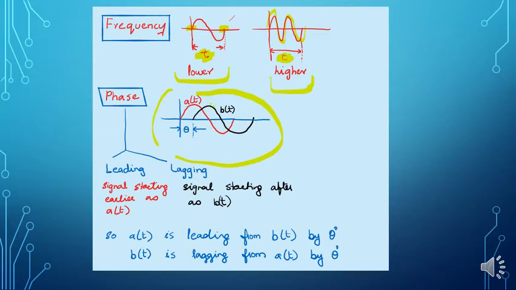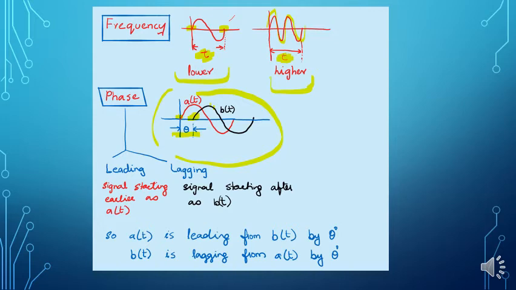They both start at different points, and the start of these two waveforms represents our theta. The difference between the start of these two waveforms is basically the phase of our waveform. So the first waveform, a of t, is at a different phase angle, and the second waveform, b of t, is at a different phase angle.